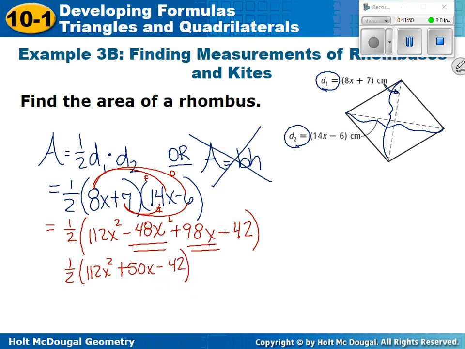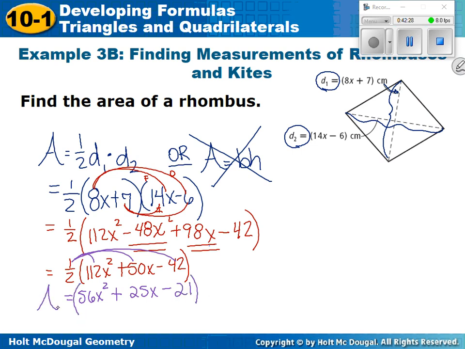Now what do we need to do? Divide by 2, which is the same as distributing that 1/2 to everything. Make sure that you distribute it to everything. What's half of 112? 56x squared plus half of 50, 25x minus half of 42, 21.